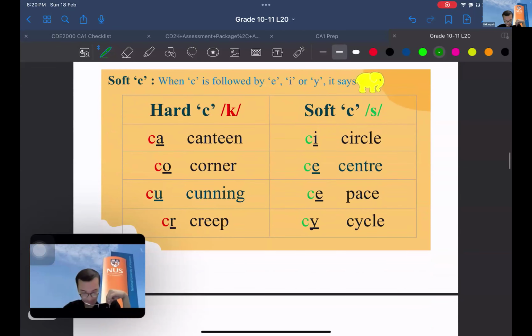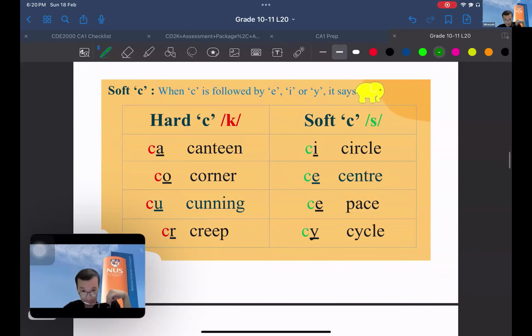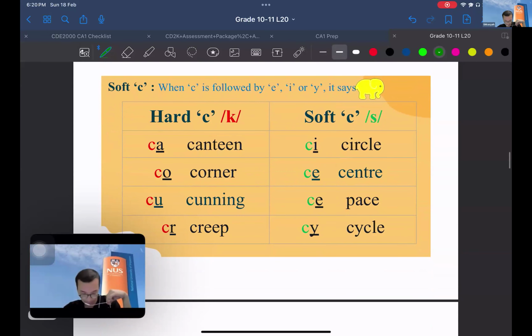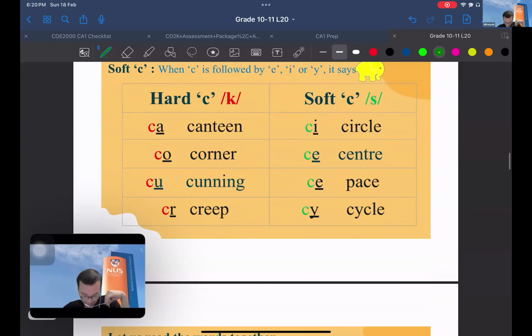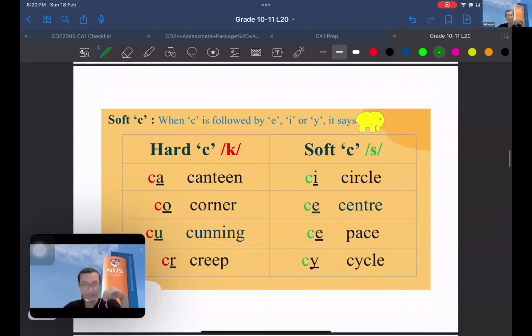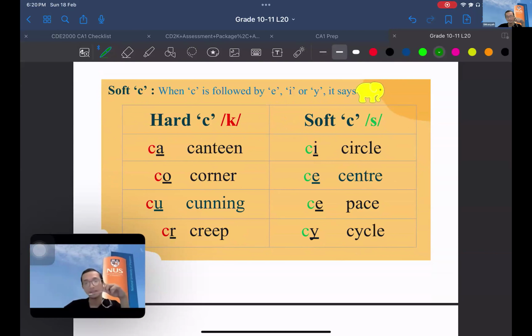Next one. This is just a recap of what we have learned just now. So we have a hard C and a soft C. The hard C, we pronounce it similar to when you pronounce the letter K, while the soft C's sound is similar to the letter S. We have CA, canteen.